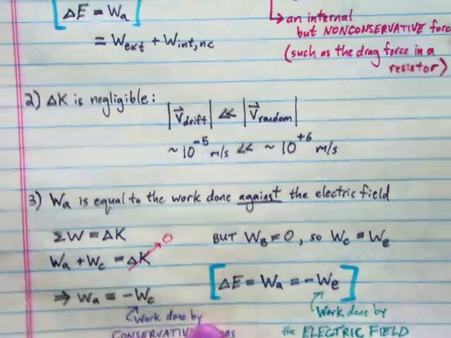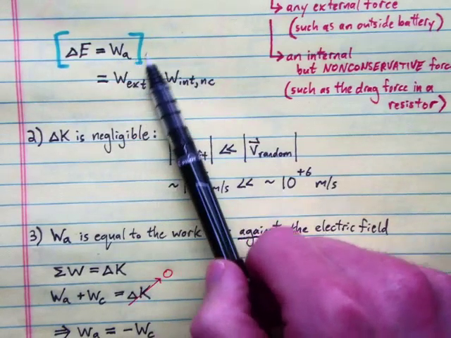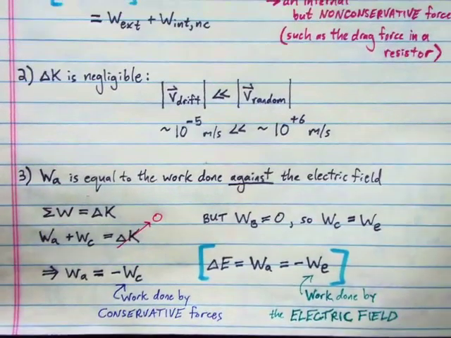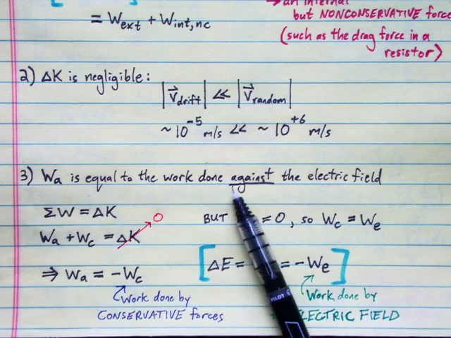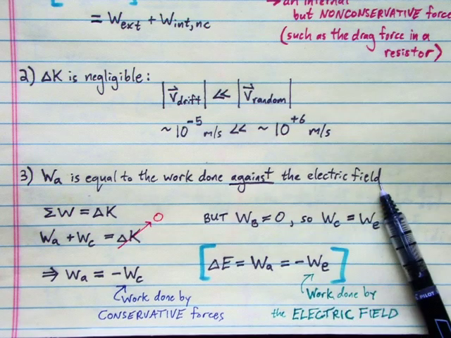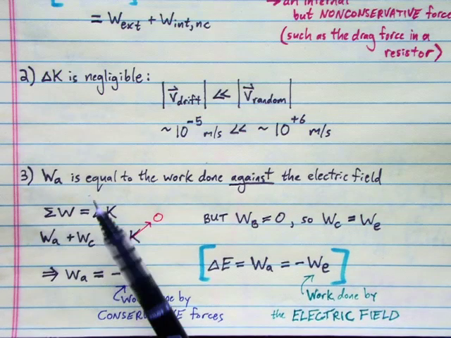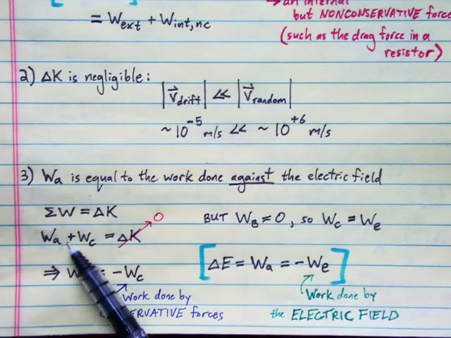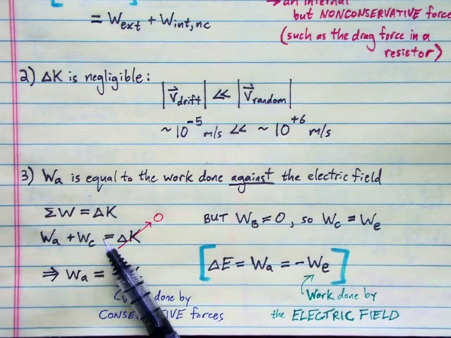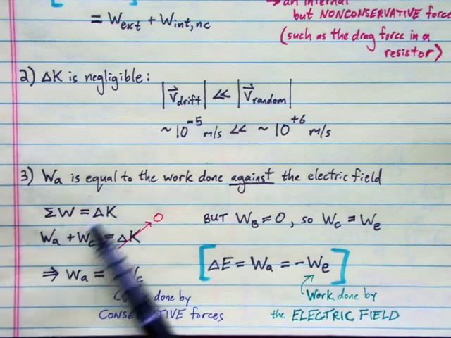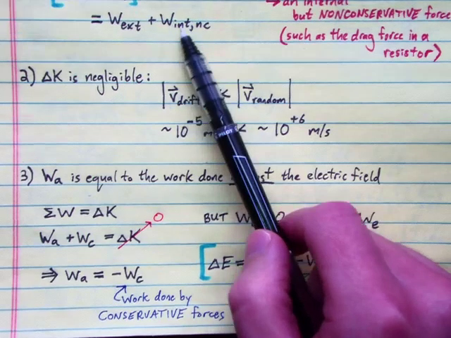now that we know that energy changes are due to work done by this category of applied forces, let's look at those more closely. The work done by these applied forces we can show is equal to the work done against the electric field. So starting with our work-energy theorem, the net work done in our system is the work done by the applied forces, plus work done by any conservative forces. The work done by applied forces is the work done by external forces plus non-conservative internal forces.